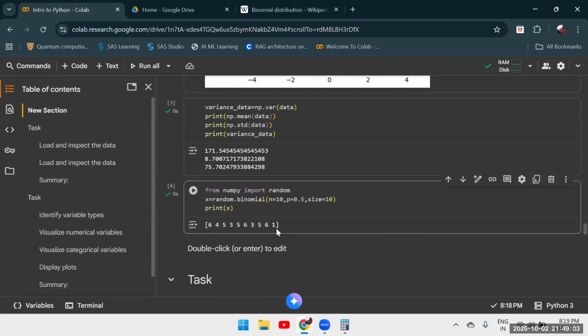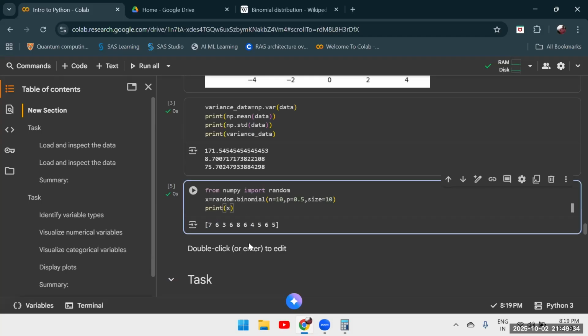So totally it has taken 10 trials, a sample size of 0 to 10, and for this particular distribution of tossing a coin, it is giving me the first trial has a chance of 6, second trial has only 4, the third is having 5, 3, and then likewise it is trying to distribute this.